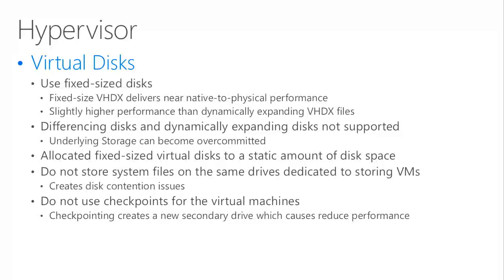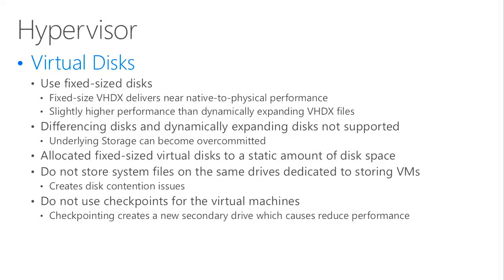Do not store, and this is, I think, the obvious one for virtualization, but I'll say it again, don't store the system files on the same drives as storing the VM guests. Okay, thank you for the laugh, because, yeah, I still come across it. Obviously, it's going to cause disk contention issues where they're thrashing between the host OS and the guests. So be conscious of that.